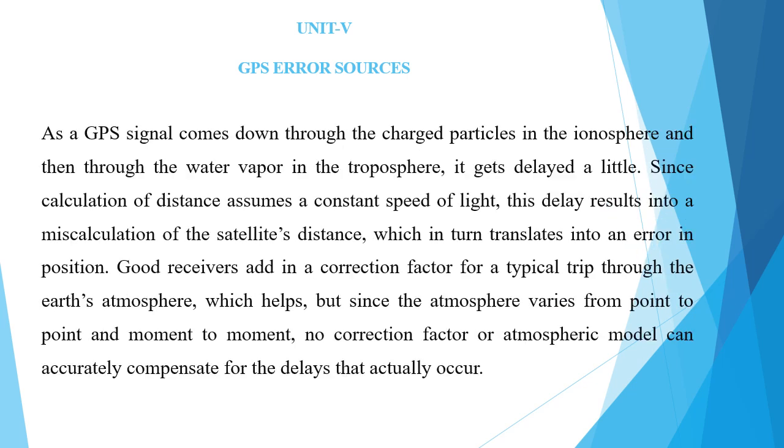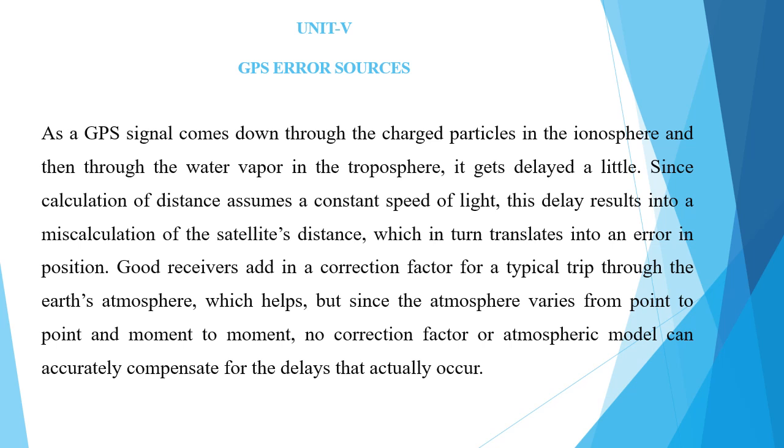As a GPS signal comes down through the charged particles in the ionosphere and then through the water vapor in the troposphere, it gets delayed a little, since calculation of distance assumes a constant speed of light. This delay results in a miscalculation of the satellite distance, which translates into an error in position.